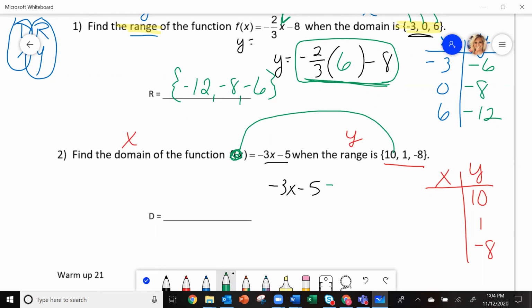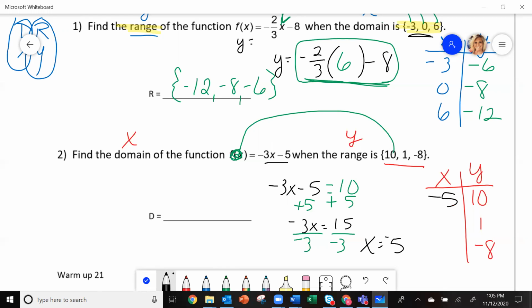And the first one, it equals 10. So when you go to solve it, you add 5 to each side. -3x equals 15. When you divide by -3, x equals -5. So this would be -5. Now you're going to do the same thing, but you're going to use the 1.